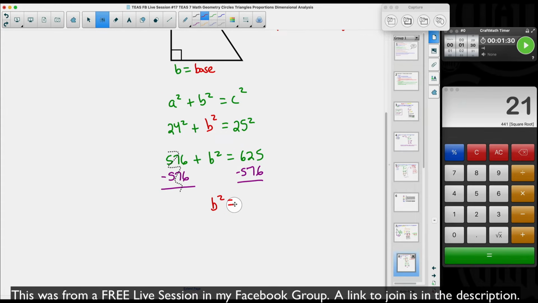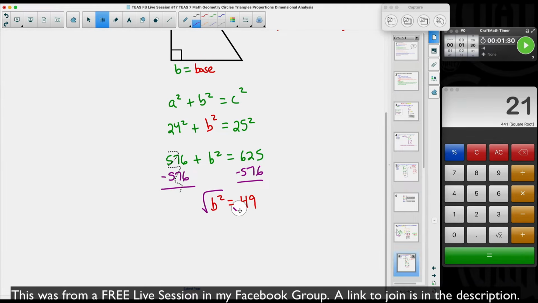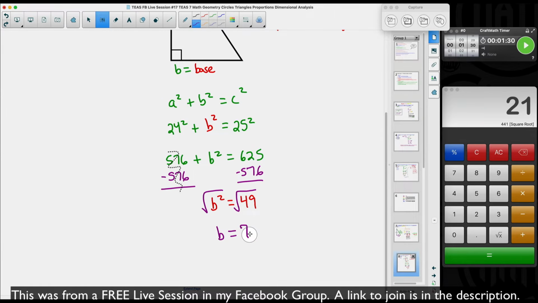And if we subtract that, we're going to get 49. And isn't that one that we talked about earlier with the square roots? Take the square root of both sides. 7 times 7 is equal to 49. So that is the base of our right triangle.